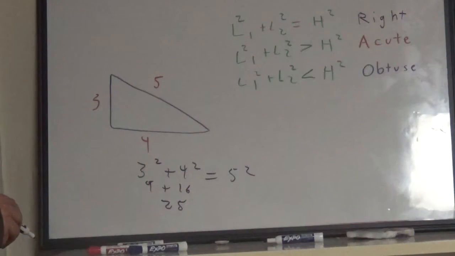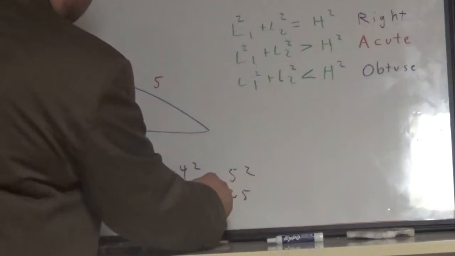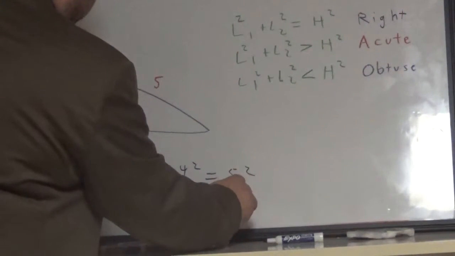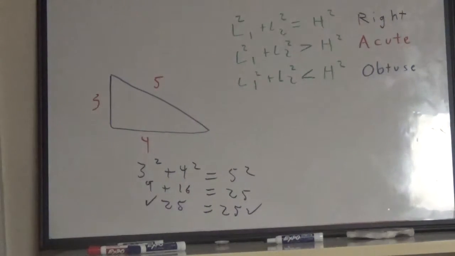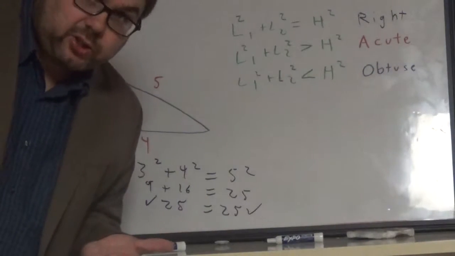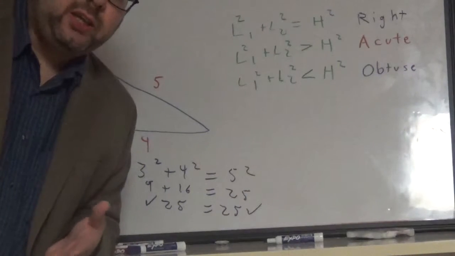Excuse my sloppy handwriting. And 5 squared is also 25. I'm going to put check marks on both sides and say it's even because it's a right triangle. Both sides should equal one another.